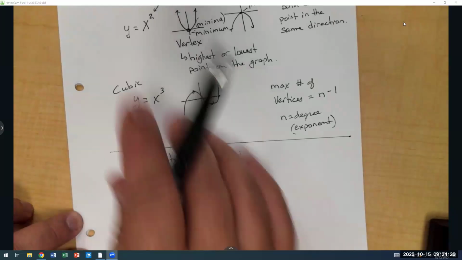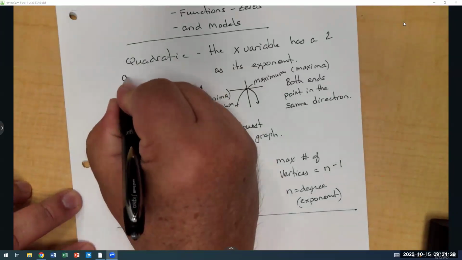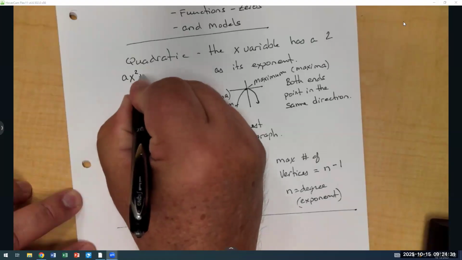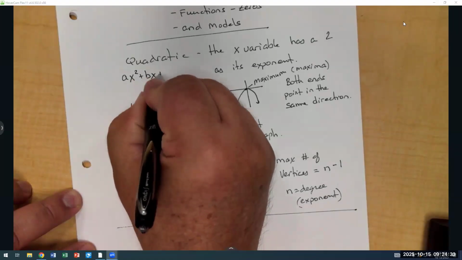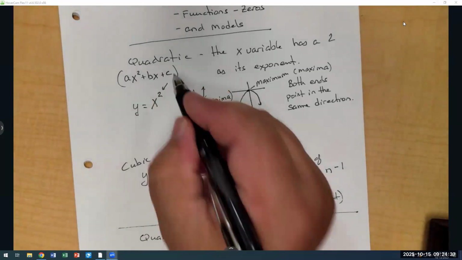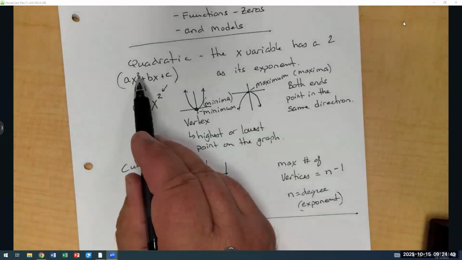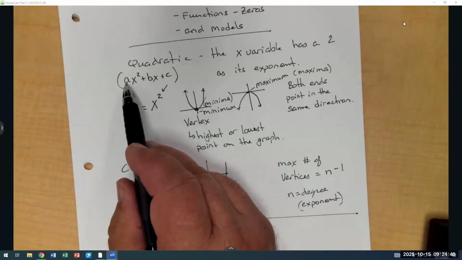The form of a quadratic looks like this. That's what a quadratic looks like. Remember, it has to have an x squared. So it has its coefficient.